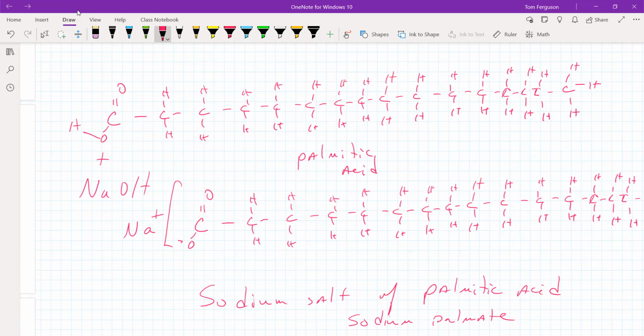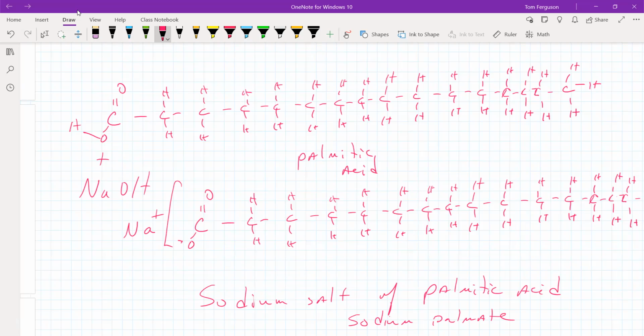So it's really polar now, in contrast to this long nonpolar end. So emulsifiers, by definition, have to have one of each. It's like glue. ¿Cómo se dice? Pegadora? Yeah.